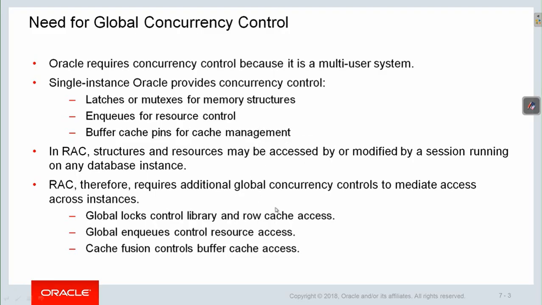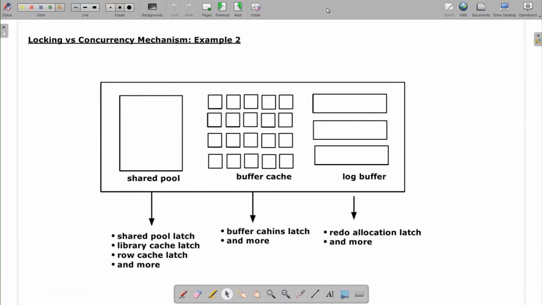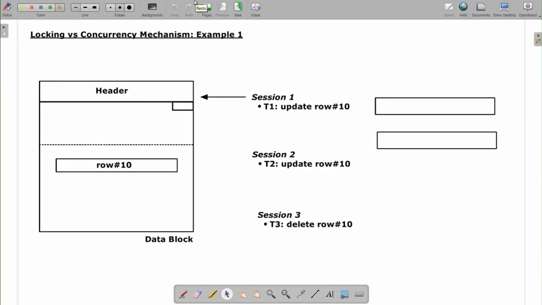So we use global locks and also global enqueues and also global cache fusion to control library and row cache access, to control resource access, and also to control buffer cache access. Okay, so let's get into this area.